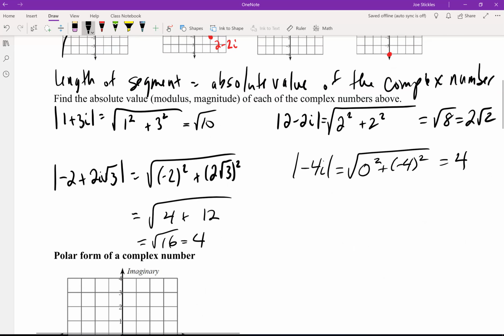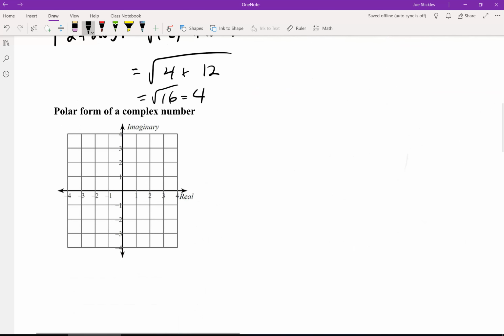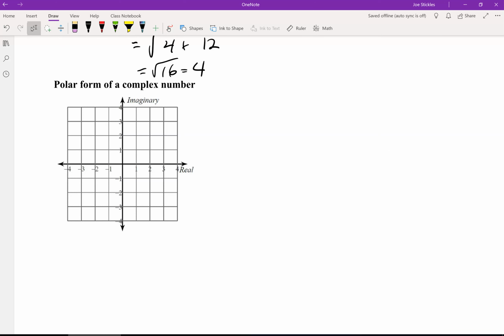All right, so let's go to polar form then. You might have already guessed what that polar form might be. We've already talked about how we have an x and a y if we want to plot x plus y times I, right? We go x units in the real direction and y units in the imaginary direction. But we've already talked about, with polar coordinates, how to get an r and a theta.